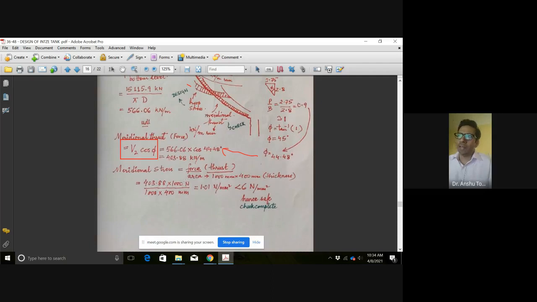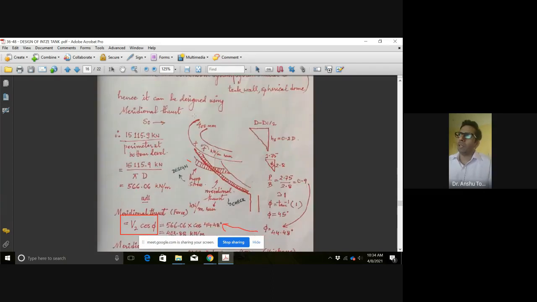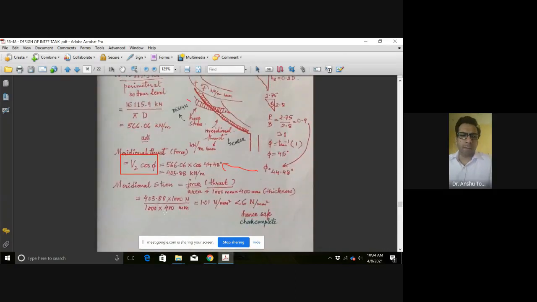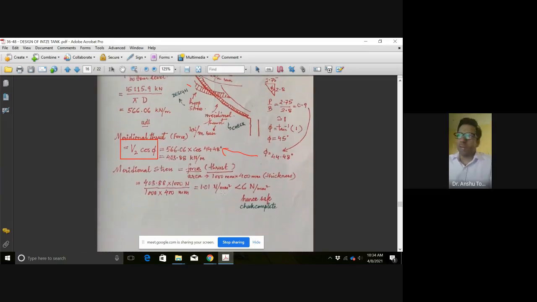This force is divided by the area; we have assumed 400 mm as the thickness of the conical dome, and it is per meter, that is 1000 mm. So the area is going to be 1000 mm into 400 mm. It is coming out to be 1.01 Newton per mm square, which is less than 6 Newton per mm square. Hence it is safe.